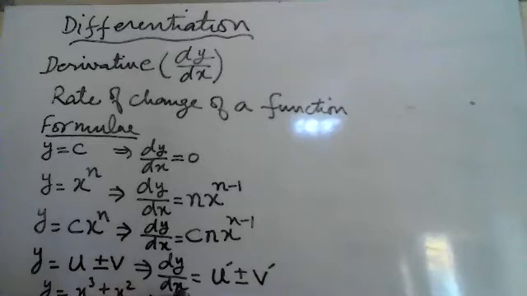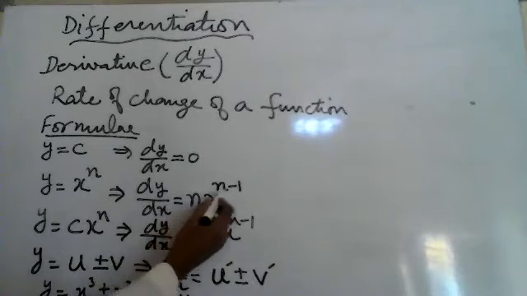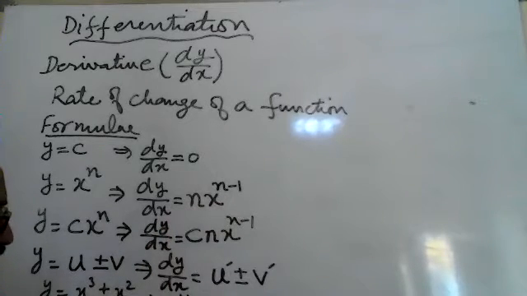So dy upon dx will become the derivative of x to the power 3, which is 3x to the power 2, plus or minus, whatever the sign is, the derivative of x square, which is 2 into x to the power 1, that is 2x.